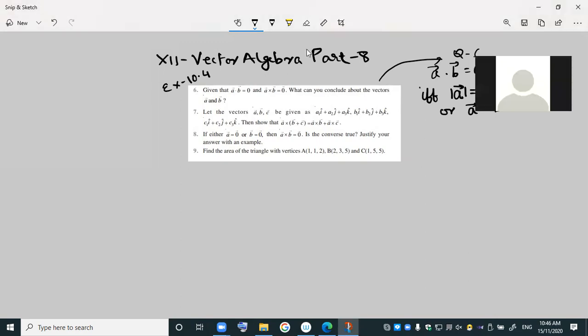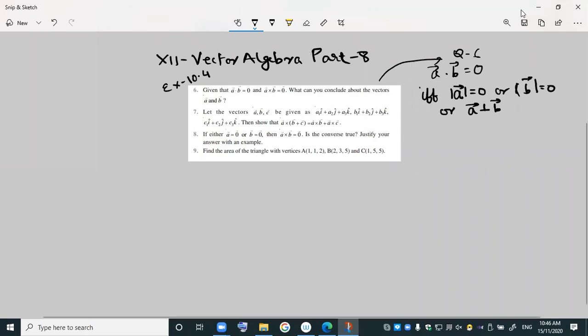Okay, so there are these three possibilities for A dot B. So if A dot B is equal to 0, either magnitude of A will be 0, or magnitude of B will be 0, or A will be perpendicular to B.